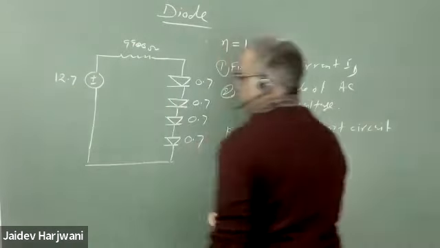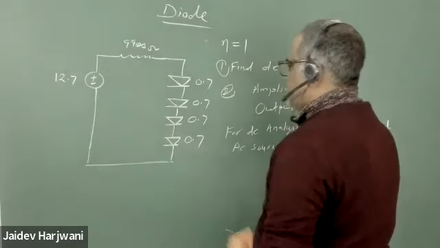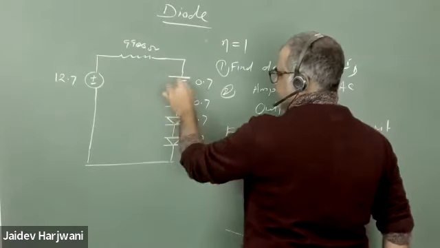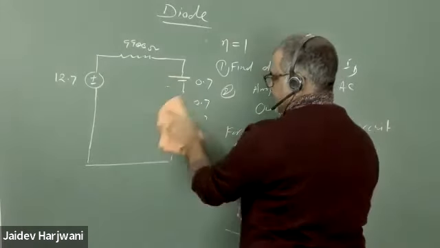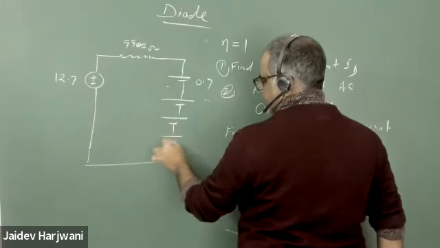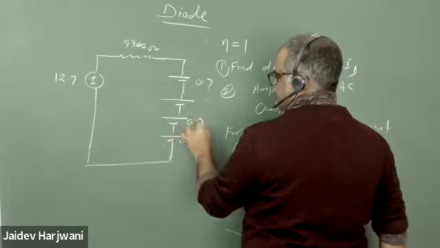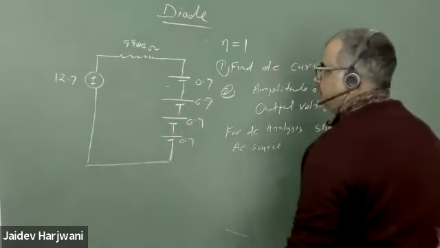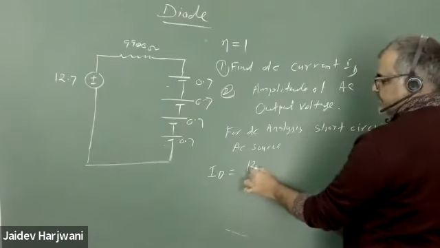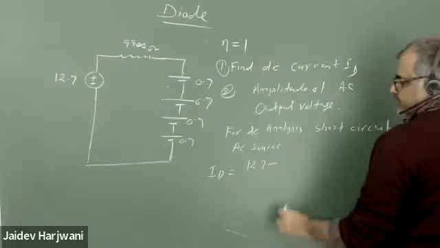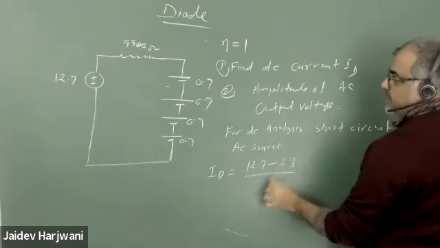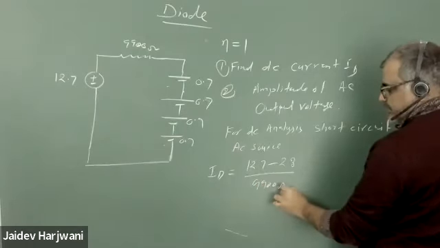Now this is a 12.7 battery. When current will flow, all these diodes we can replace by batteries. This becomes 0.7, 0.7 and 0.7. So now it's easy to calculate ID. ID will be 12.7 minus 4 into 0.7, that is 2.8, divided by 9,900 ohms.